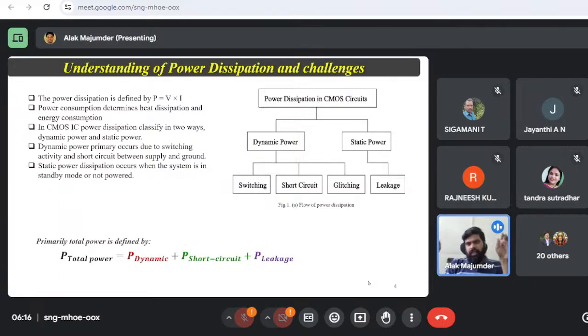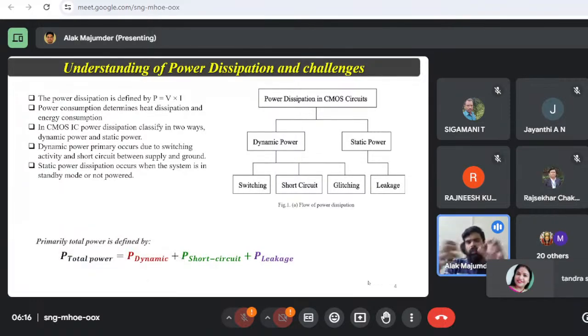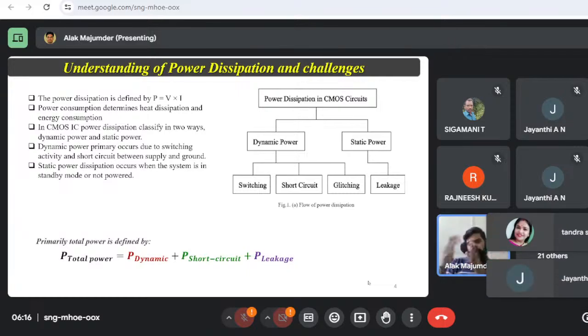Because mostly those PN junctions are kept in reverse bias, leakage will come from there as well. So there are many components of leakage which come into the picture. Eventually the total power is a function of dynamic power, short circuit power, and the leakage power.